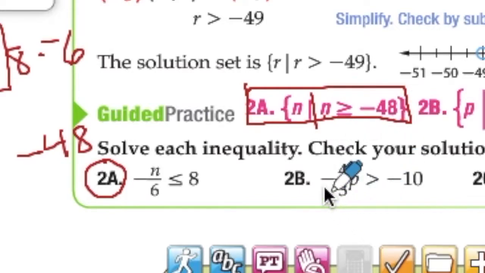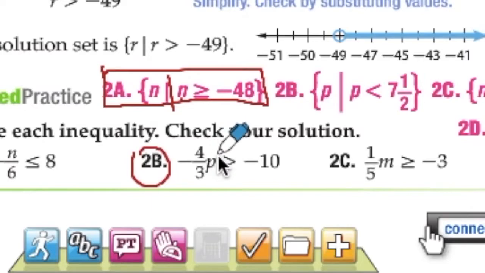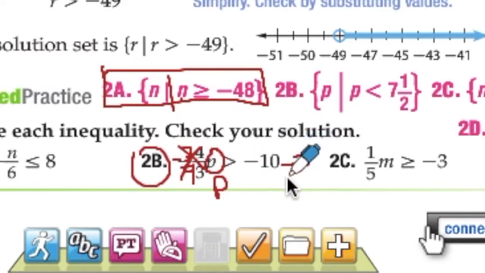For 2b, I'm going to isolate the variable p by multiplying by the reciprocal, negative 3/4. When I multiply by negative 3/4 on the left, I can isolate the variable p. And when I multiply by negative 3/4 on the right, I get positive 30/4.